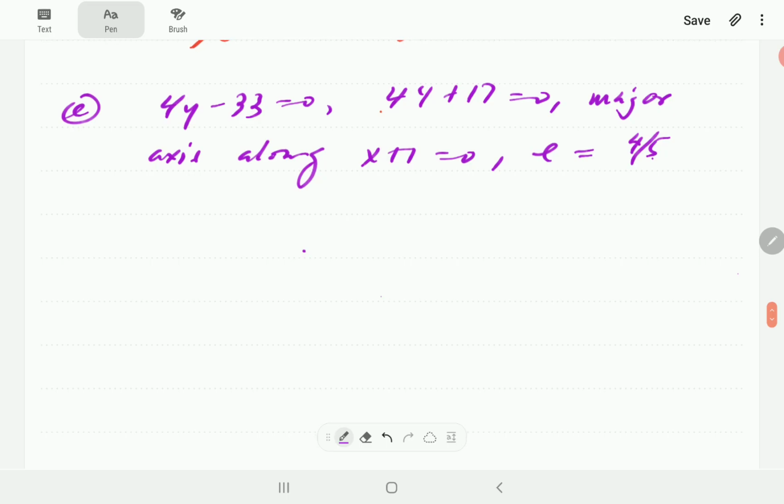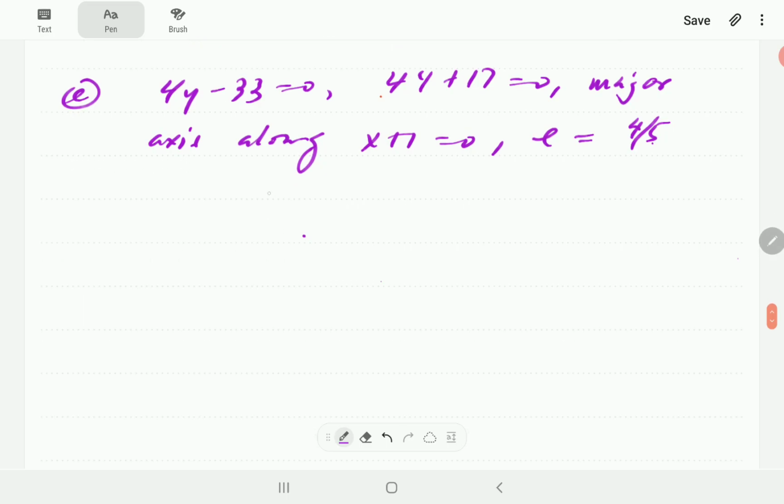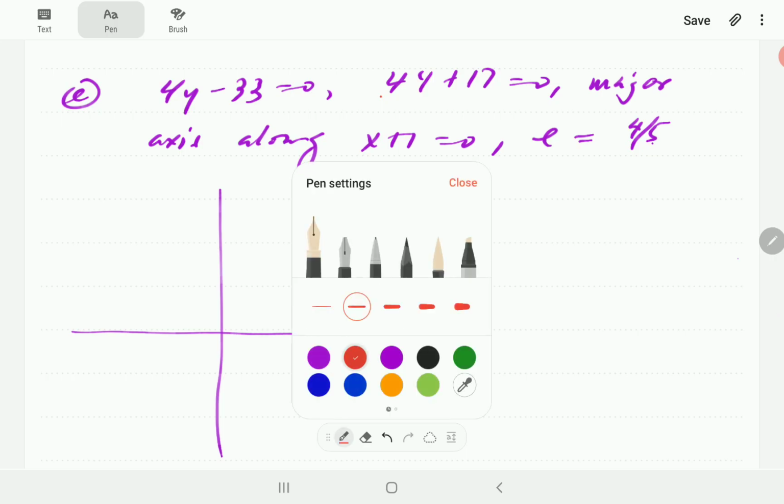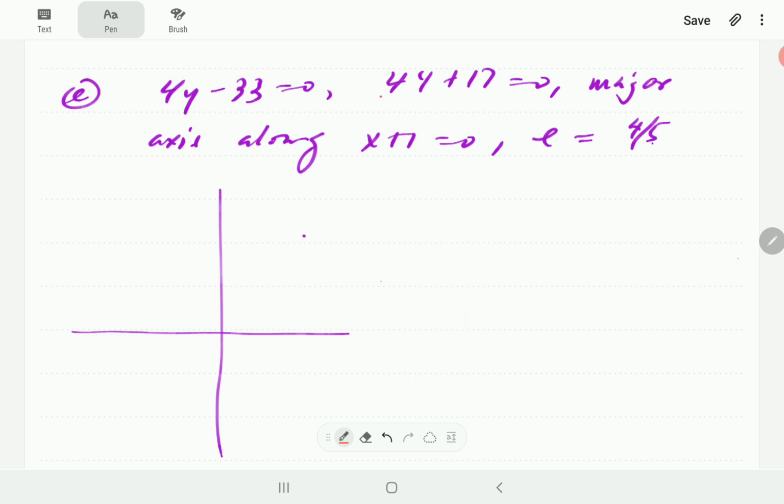Okay, so we're going to start with the directrices. The first one is y equals 33 over 4.